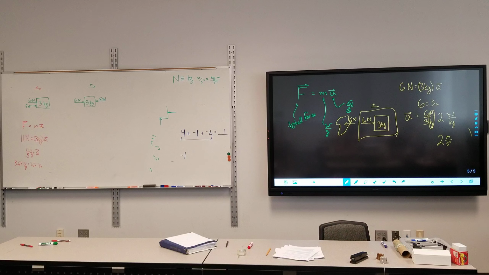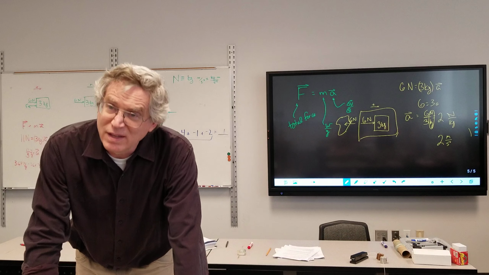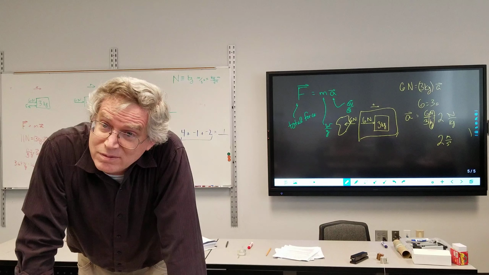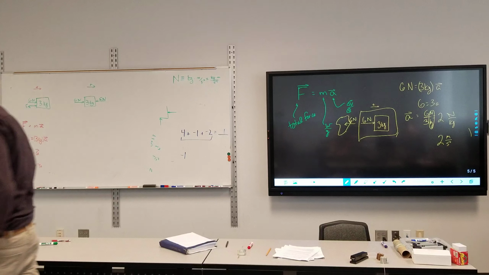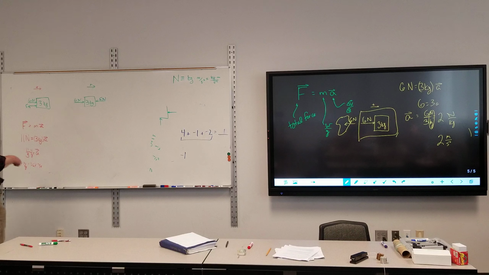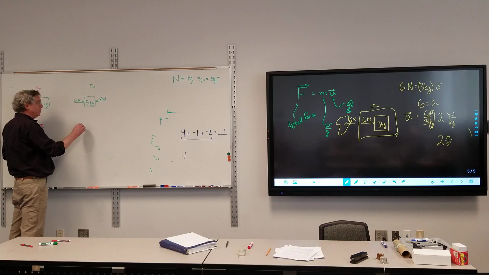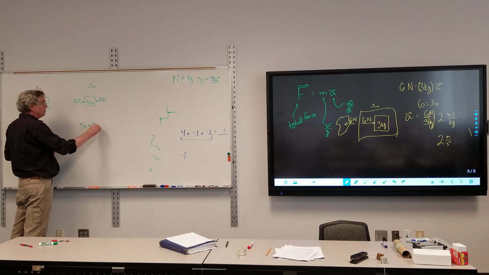I would add the 6 newtons plus negative 5 newtons. Yep, absolutely. The net force, we're plugging in F equals ma again. The net force is 1 newton in the positive direction, equal to 3 kilograms times the acceleration.